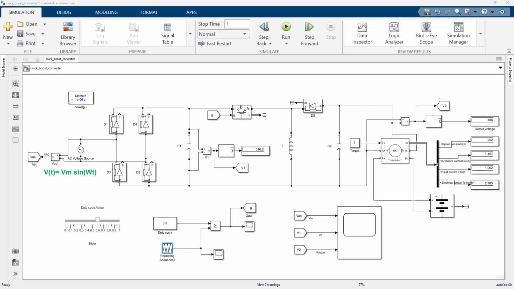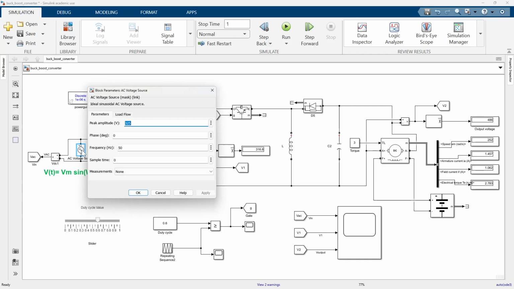Firstly, the AC input stage. Here is the input. We are using 230 volt phase voltage in RMS value, and when we find the peak voltage by multiplying root 2 with the phase voltage of 230, we get 325 volt.